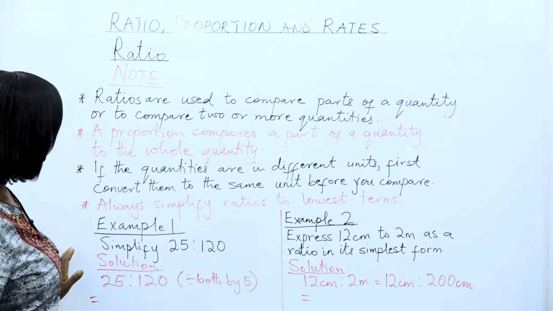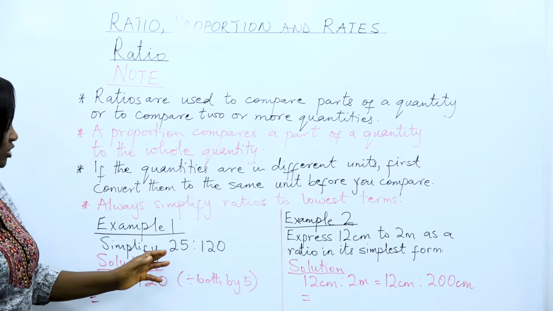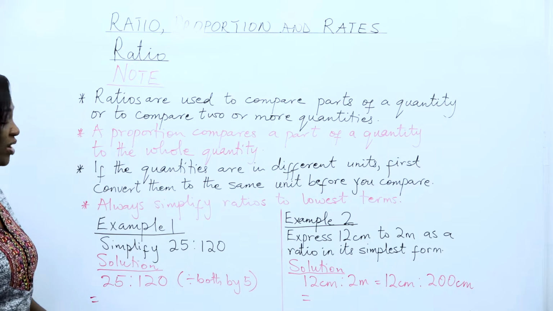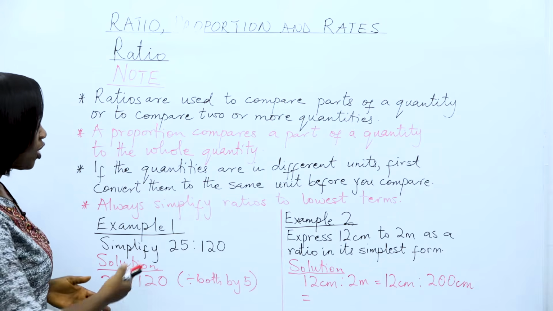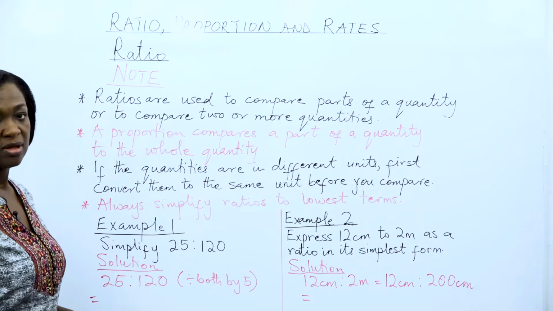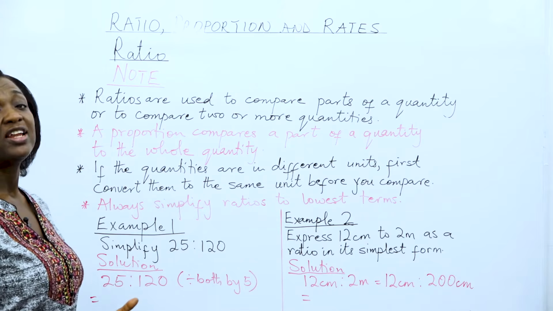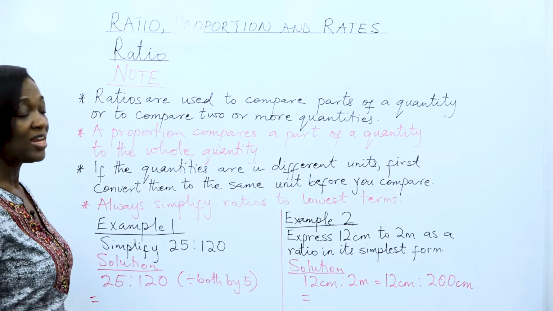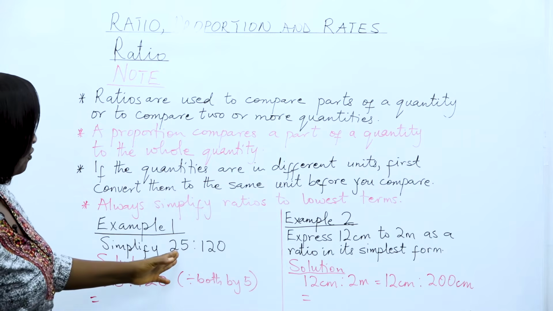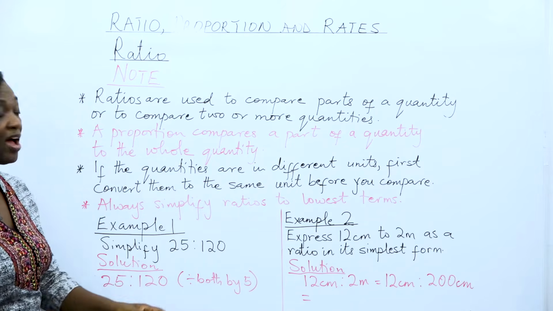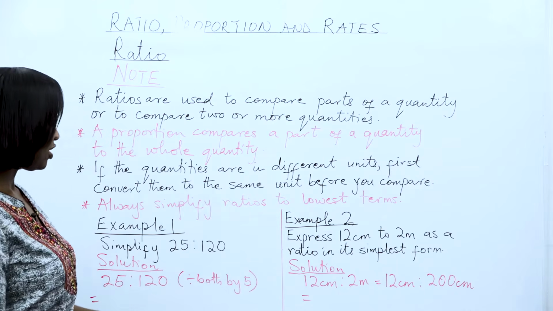In the first example, it says simplify 25 ratio 120. To simplify ratios, you find a common factor. Sometimes you might need to find the highest common factor and then divide them by the highest common factor. Here, 5 is a factor of 25 and 5 is also a factor of 120.